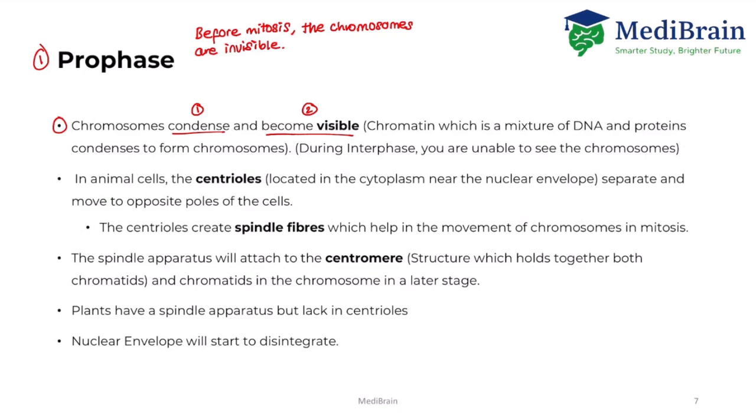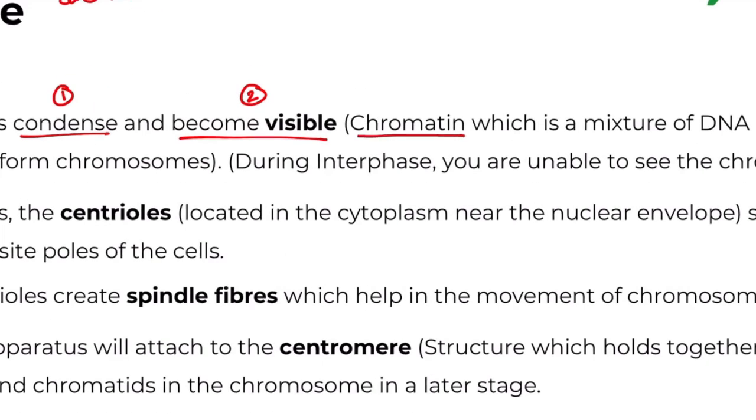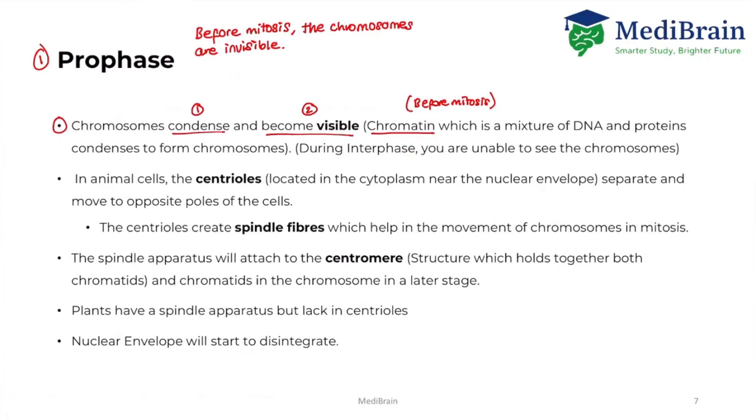And when mitosis has been initiated, that chromatin, which was originally present in the cell, will condense to form these chromosomes. For exams, you just need to know these 2 points: condenses and becomes visible. Those are the 2 key points that are really important.